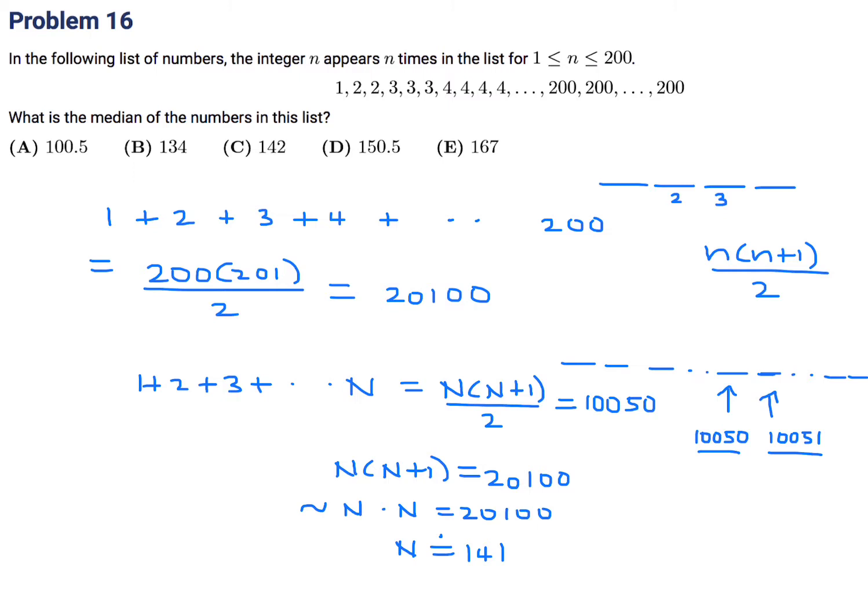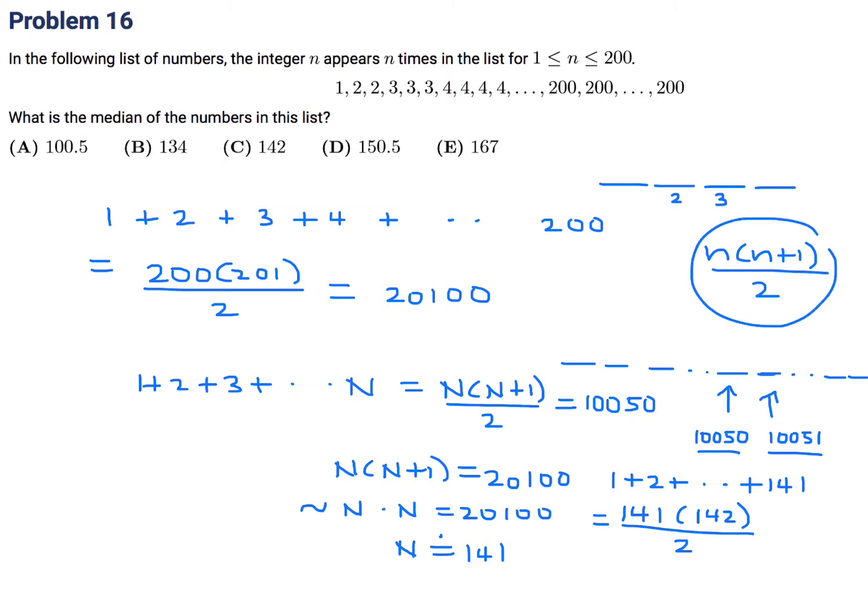So let's see what we get. 141 times 142 divided by 2, right? I'm trying to figure out the number of terms all the way up until 141. That's the formula that you'd use right there. And when you do this math, you get 10,011.